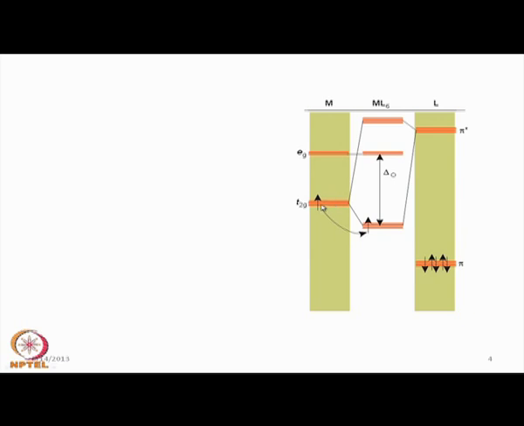of stabilization. But when we allow some amount of interaction with the ligand, so ligands are coming into the picture and we are modifying the theory, we now have the molecular orbitals from the ligand side and molecular orbitals from the metal side.